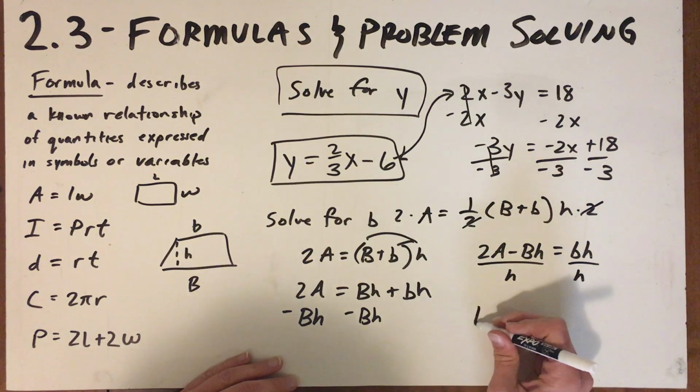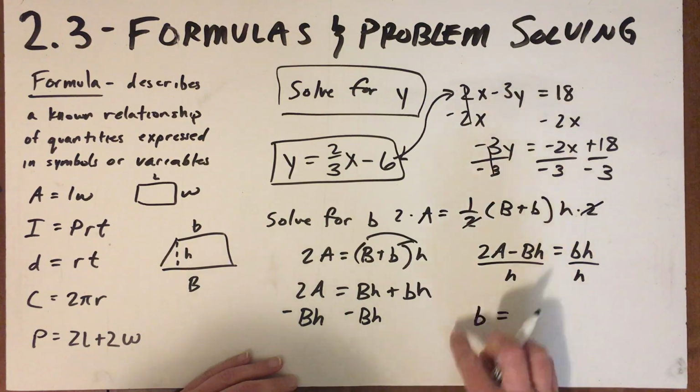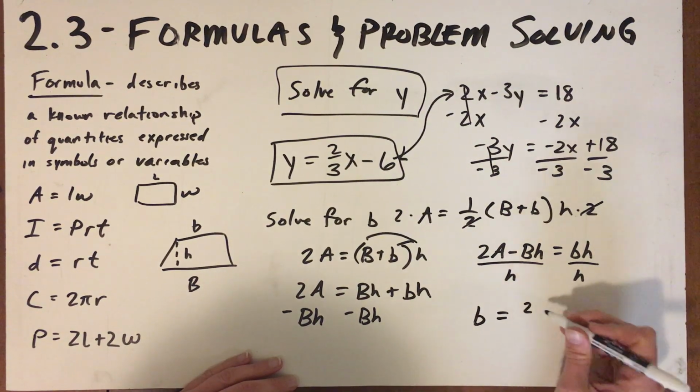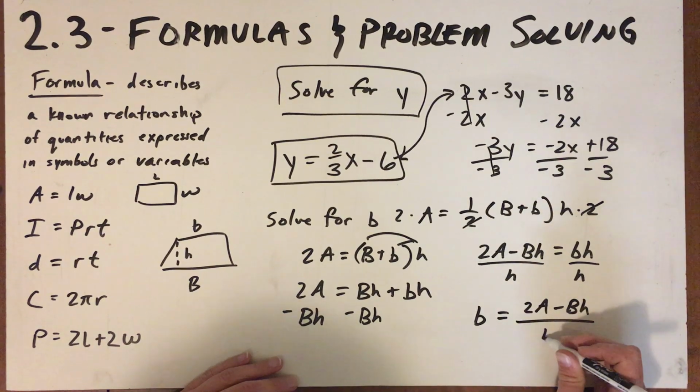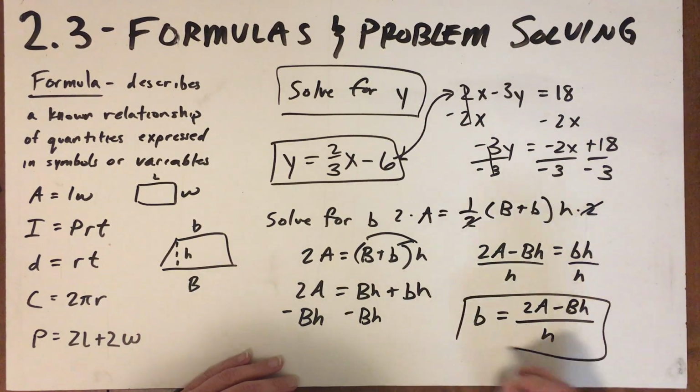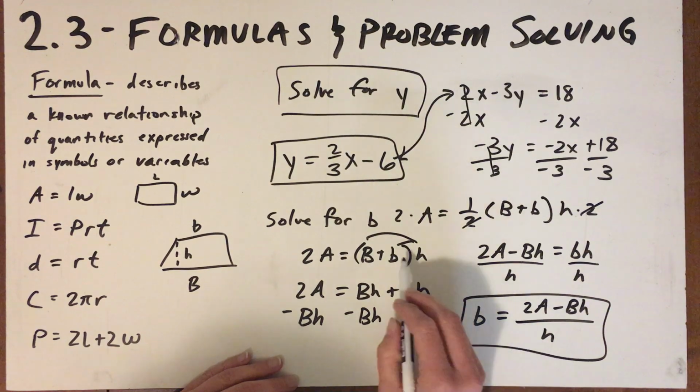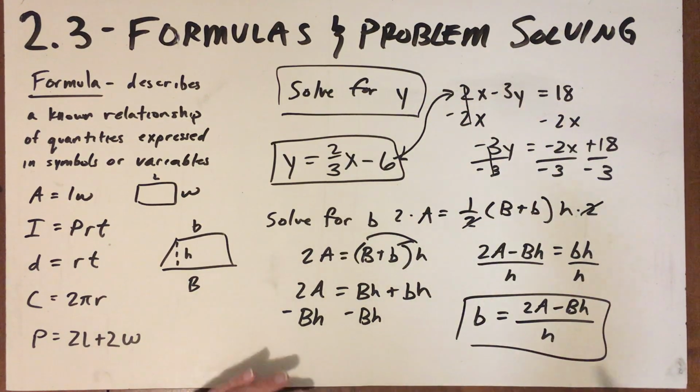So to isolate little b, or to get little b all by itself, we are going to have that equal to 2a minus big B h, all over h. Again, this is the same equation as what we started with right here, just in a different format, isolating a different variable. So this is how a formula would work in solving formulas for specific variables.